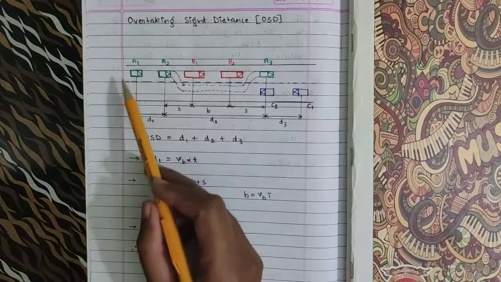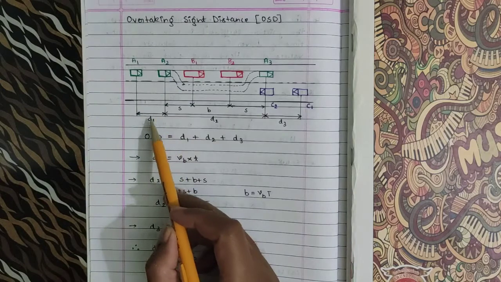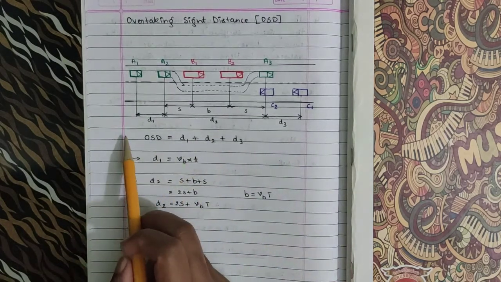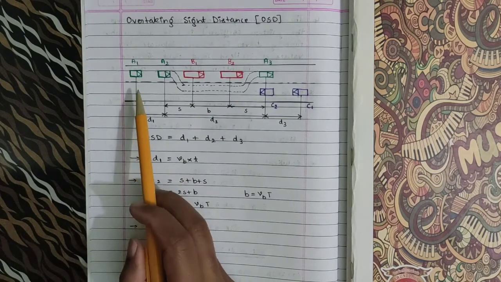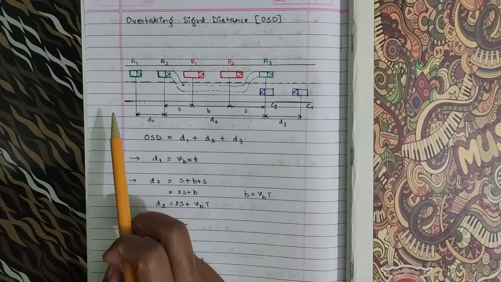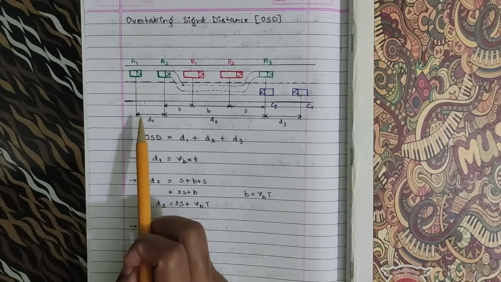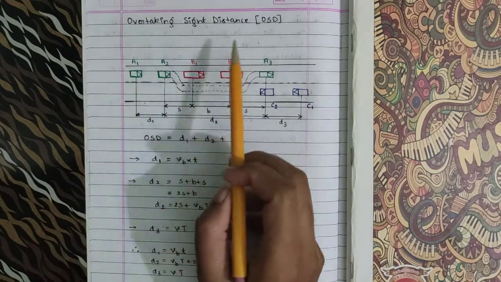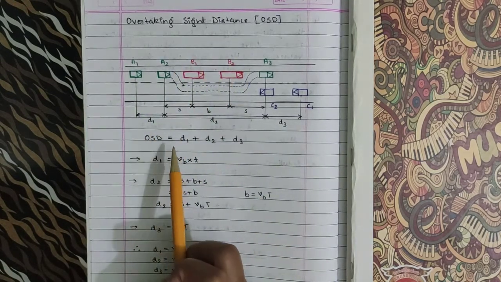The overtaking maneuver is divided into three phases: D1, D2 and D3. Here D1 is the distance traveled by the overtaking vehicle A during the reaction time t seconds. The reaction time of the driver in overtaking sight distance is taken as 2 seconds.